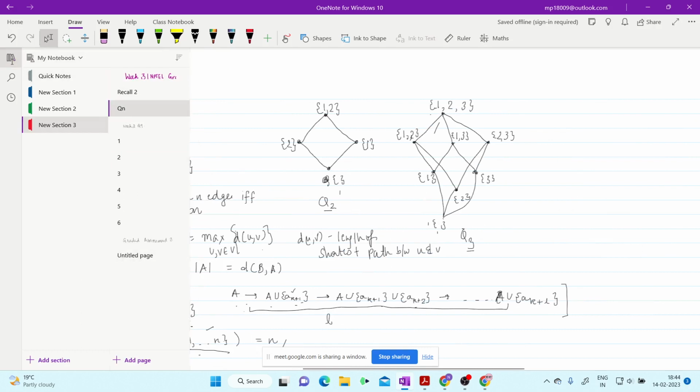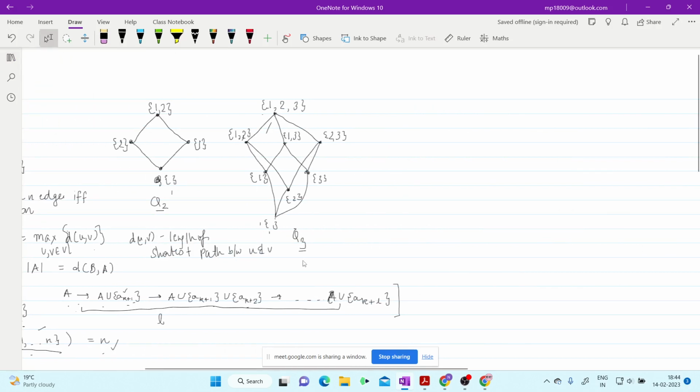Yes, ma'am. So basically what they are saying is that they are taking it to be 0-1 entries. So in this case, this is 0 0 0, 0 0 1 and 1 0 0, and 0 1 1, 1 1 0 and 1 0 1, and this is 1 1 1.